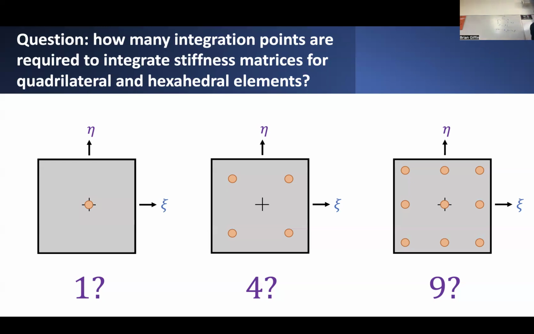In the case of a 2-dimensional element, which one of these different integration formulas should we use? Should we use just 1? That was fine in 1 dimension. Should we use 4, or do we need more? What do you think? 4 is the minimum. I like that. Any other guesses or supplementary answers?